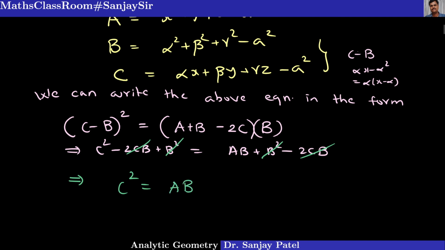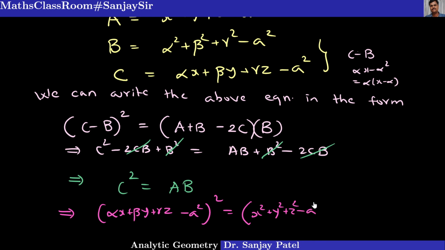That is nothing but, by putting the values of A, B, C in this, C is alpha x plus beta y plus gamma z minus a square, whole square, is equal to A. A means x square plus y square plus z square minus a square, and B means alpha square plus beta square plus gamma square minus a square.